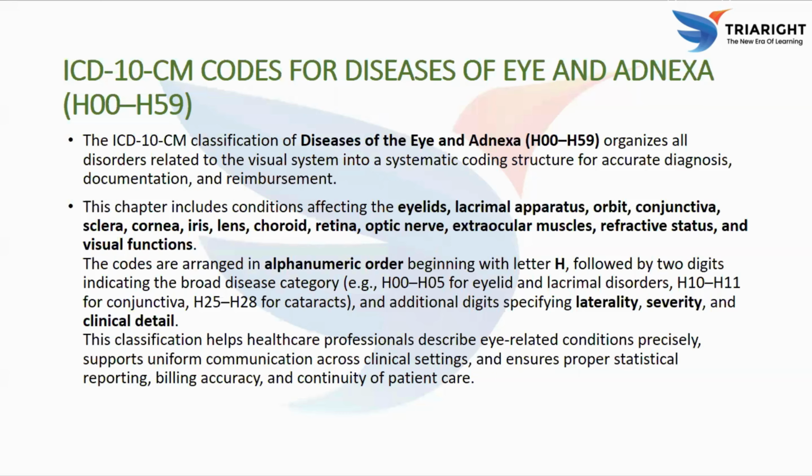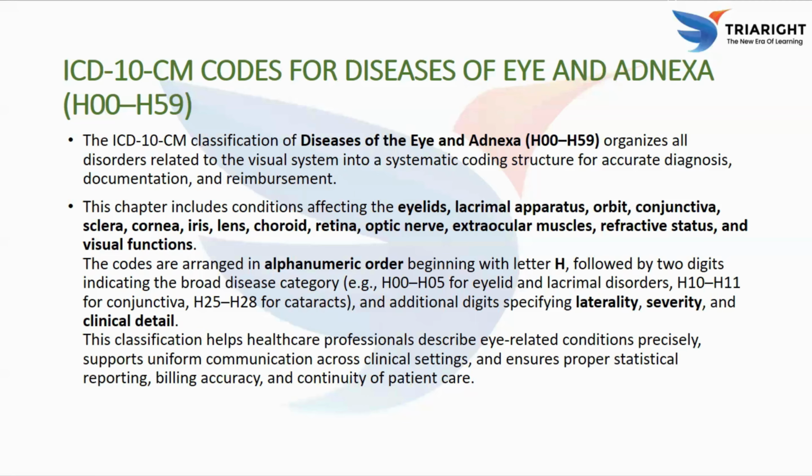So what is the structure of these codes? H plus 2 digits, that is 00 to 59. It's a broad category plus 1 or 2 additional digits. These give clinical details such as laterality, severity, type of disease and the stage. So there are some examples, like H00, for which you assign the code for stye, and H01, for which you assign the code for eyelid dermatitis.